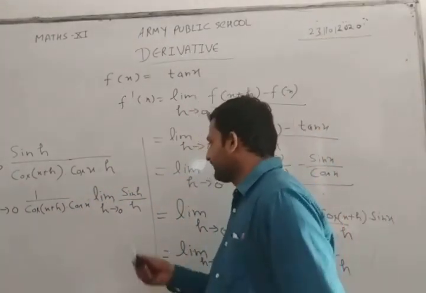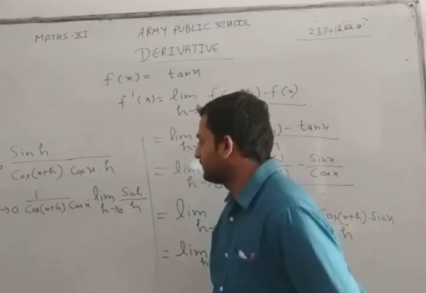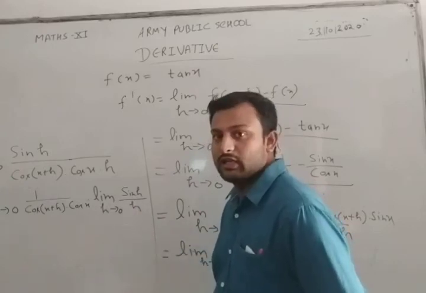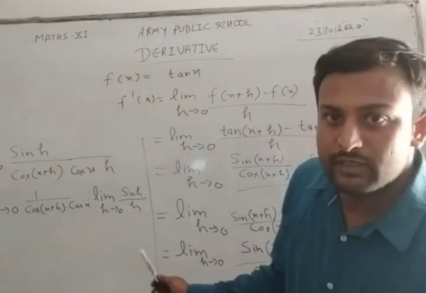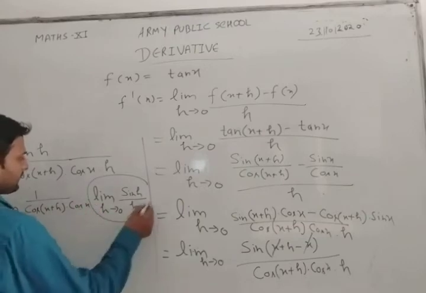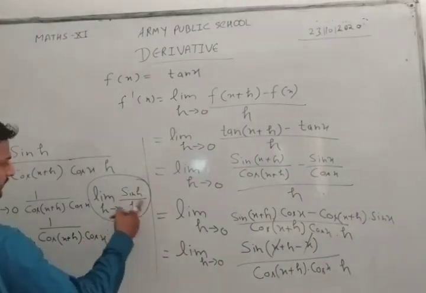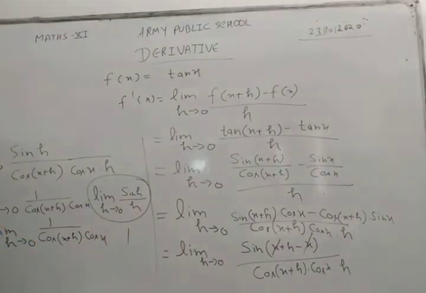So we write here limit h tends to 0 of 1 by cos(x + h) cos x, and limit h tends to 0 of sin h by h, by the help of algebra of limits. Now we know that the value of this function is 1, so we place 1. Limit h tends to 0 of 1 by cos(x + h) cos x, into the value of this function, which is 1. Okay, so now we put the limit.